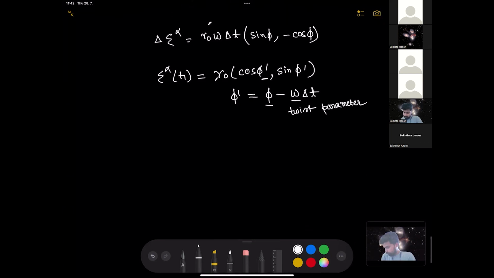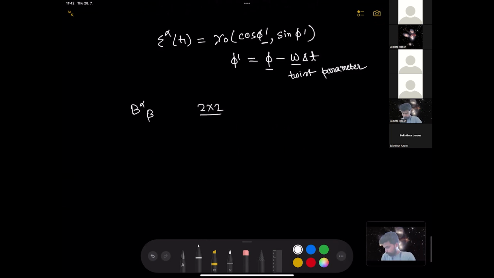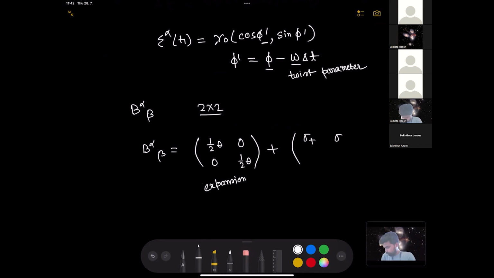So the most general form of B alpha beta in 2 dimensions we can write as a sum of expansion plus shear plus twist.